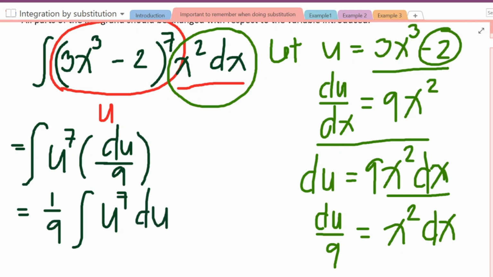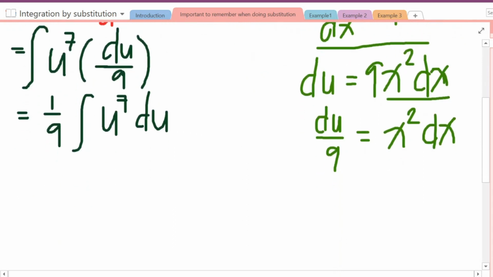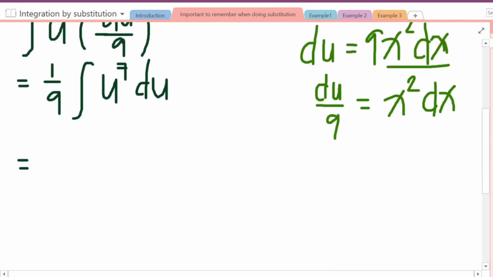We may now proceed applying the power rule for integration, because we can do that. If you notice, our integral now is much simpler, and therefore the properties that we mentioned, the power rule, is much easier to apply. Let's do that. We write 1/9.